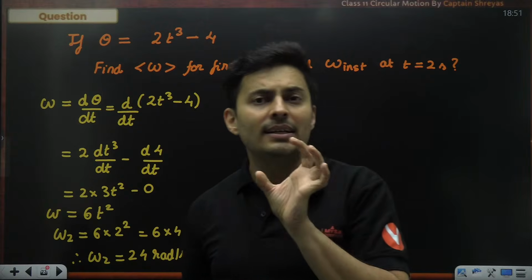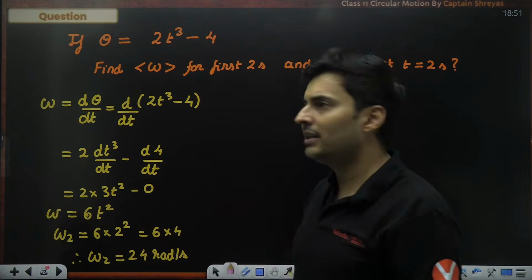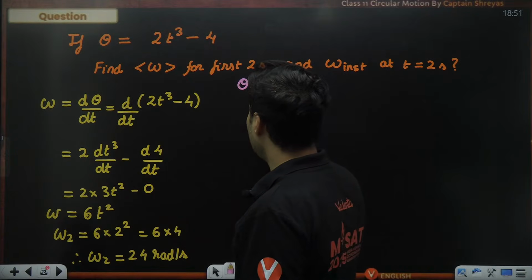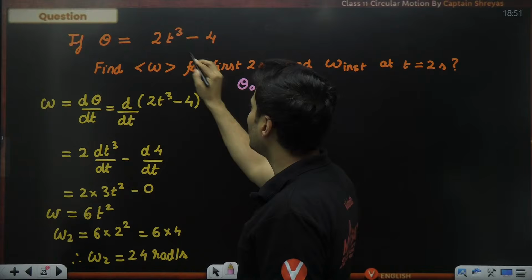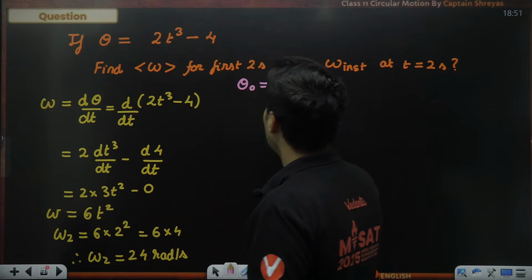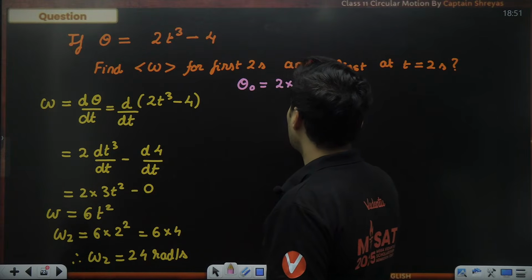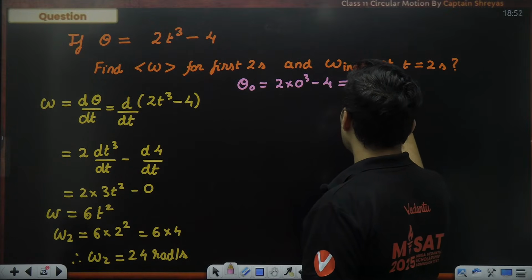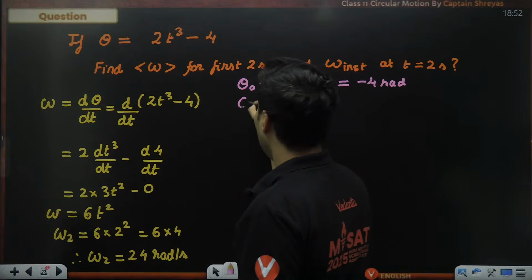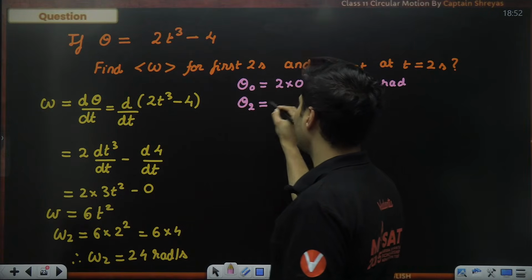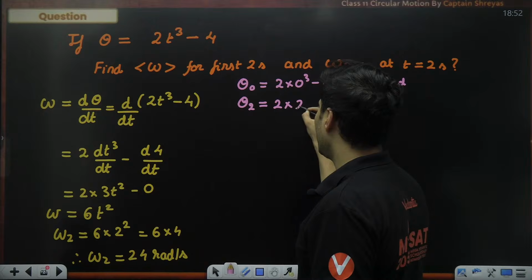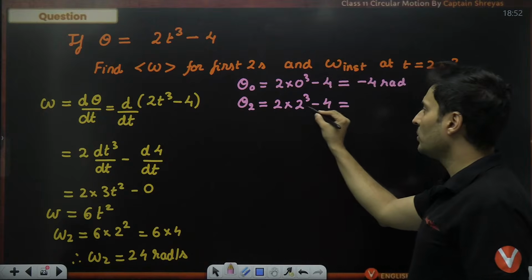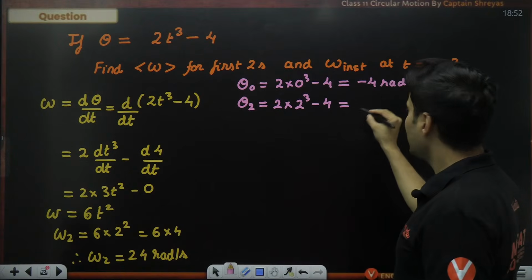For that, I will need displacement. How do I find displacement? I have an idea. How about finding the initial position when time is 0? Substitute time as 0. You will get 2 multiplied by 0 cube minus 4, so it will be nothing but minus 4 radian. Then find the position at 2 seconds. That means put the value of time as 2 and then see what is the answer. 2 cube is 8, 8 twos are 16, 16 minus 4 is 12.